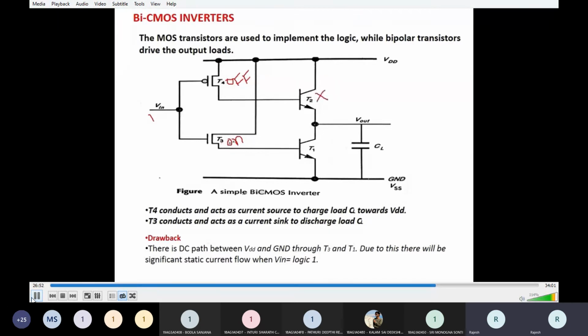This T3 is on, which means the transistor T1 becomes on. Now there is a path existing from VDD to T3 to T1 to ground, and there is a path existing from output to ground. That's why the output is discharging.